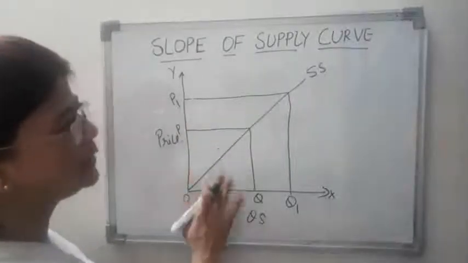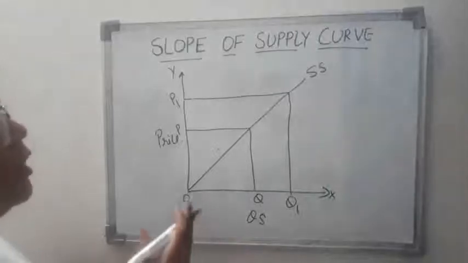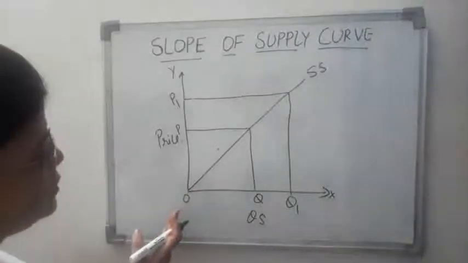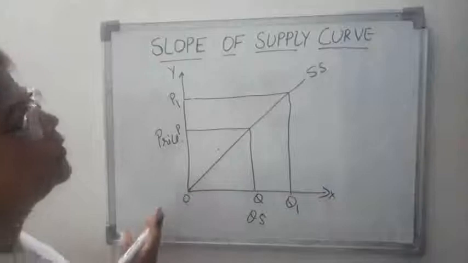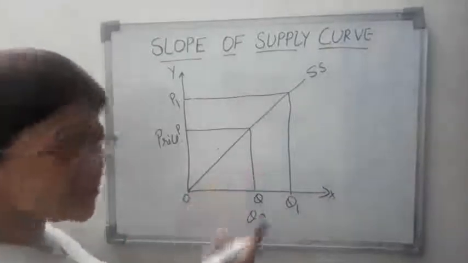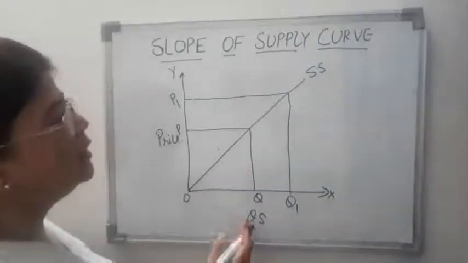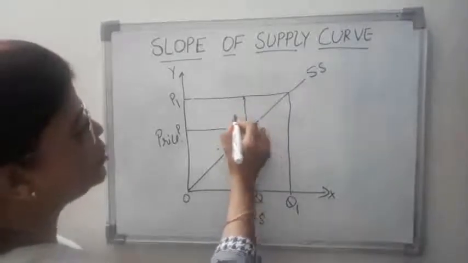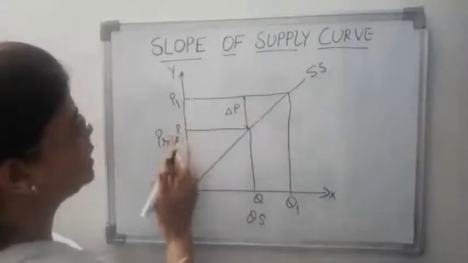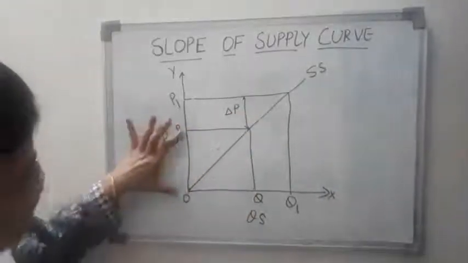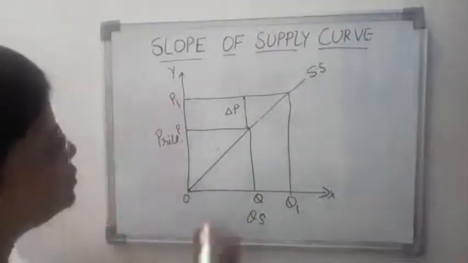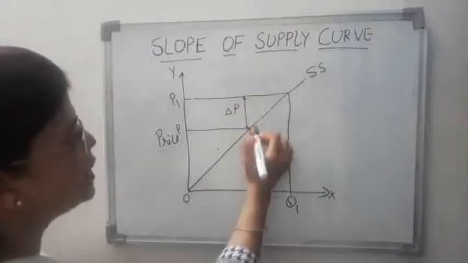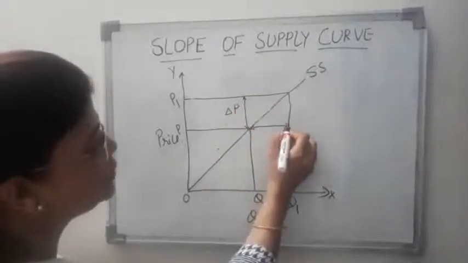It is shown by the supply curve. Now, our supply curve is a straight line, upward sloping curve, and as we all know, we calculate slope. What is this? This is the change in price. When initial price is OP, new price is OP1. So this is the change in price and this is the change in quantity.